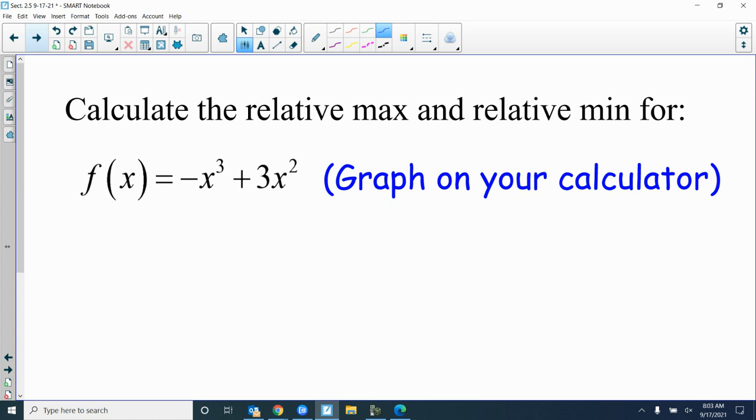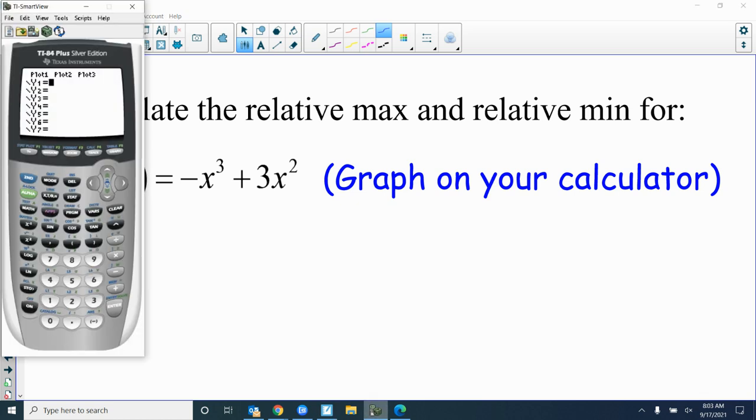Now the relative min is pretty easy to find. What's that relative min? Okay, 0, 0. The relative max, you know how to find that on your calculator. You remember how to use the techniques on your calculator. So what do we got?